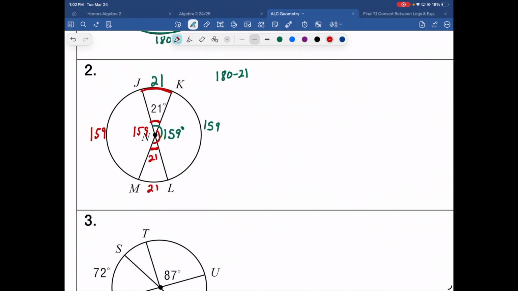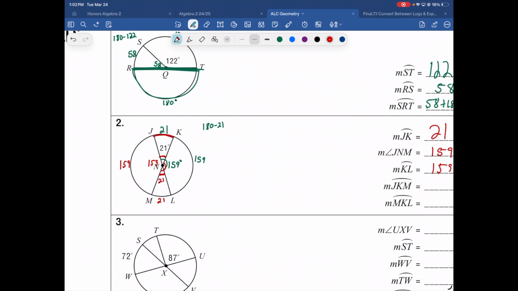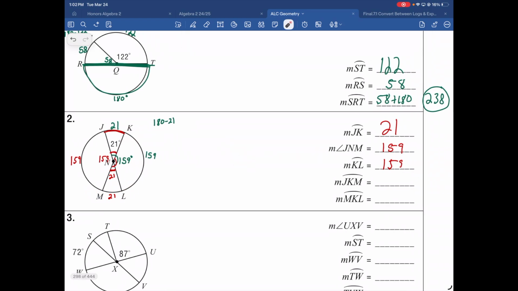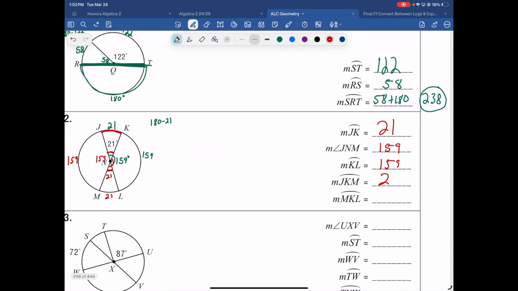JKM. 201. Oops, I think I read that wrong. It's arc JKM. So there's J, there's K, so there's 21, there's 159, and there's another 21. So if I take 21 plus 159 plus 21, that's going to give me that arc. 201 is what that adds up to.